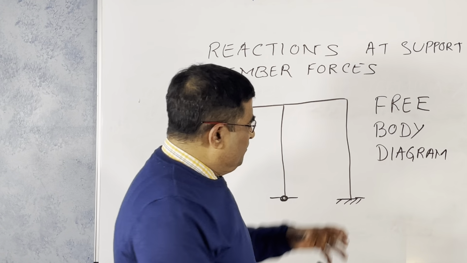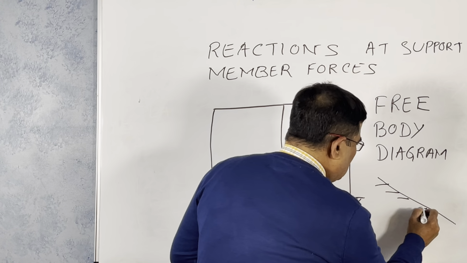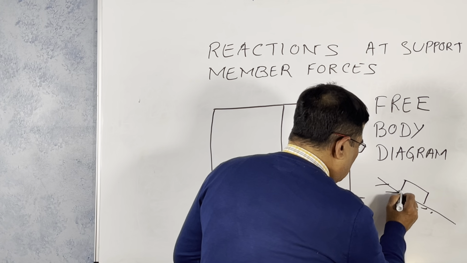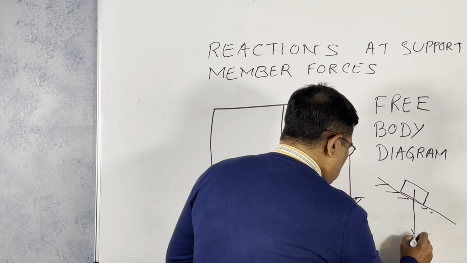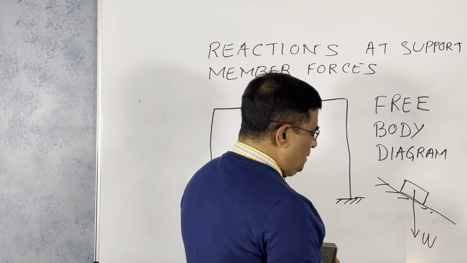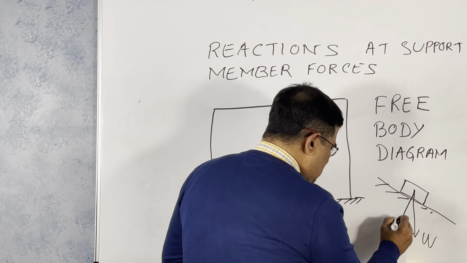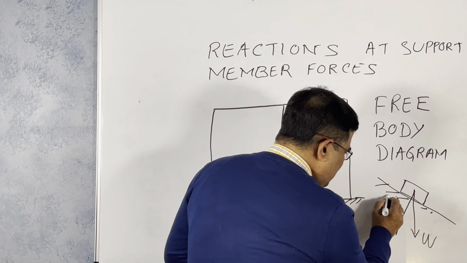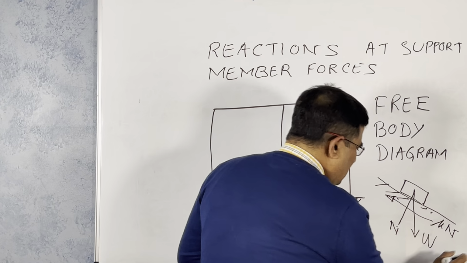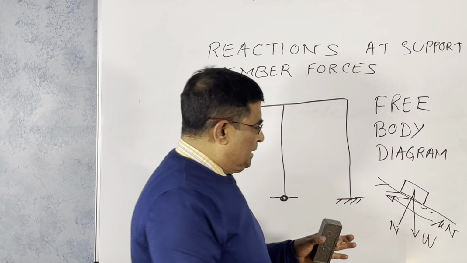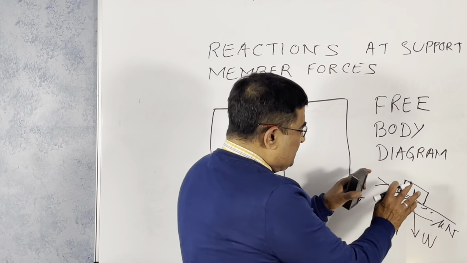What is a free body diagram? Suppose you have an inclined surface and a box on it. The box has a weight, and because of this weight it has a normal force N, and the reaction force is mu N. These are the forces. It prevents the box from sliding. This is in equilibrium.